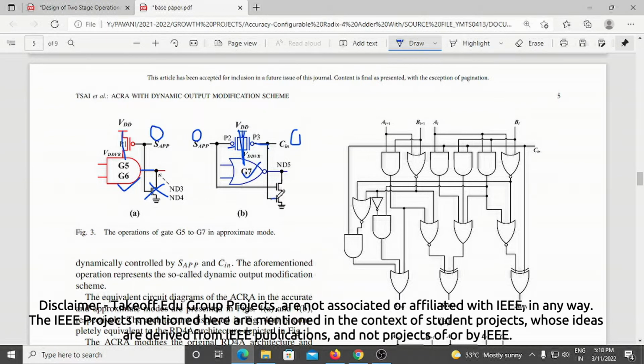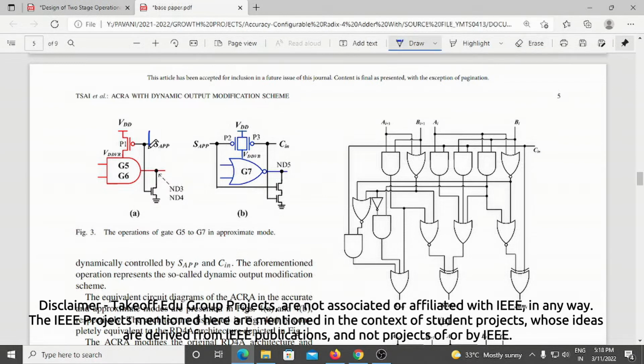As 0 is given to this transistor, it will be cut off, and SKPP is given to this one, which is also cut off, so this gate output is the ND5 signal, which is nothing but the working condition, and hence it is known as the accurate operation.